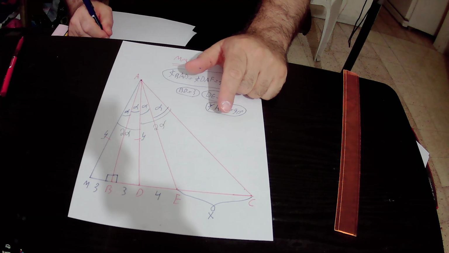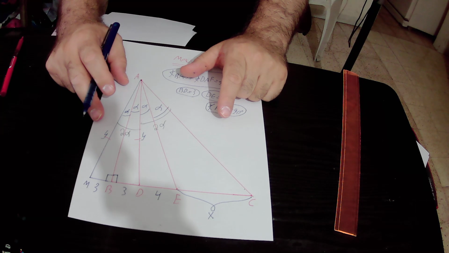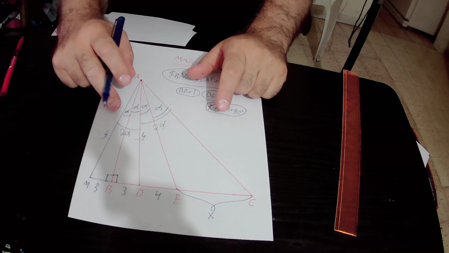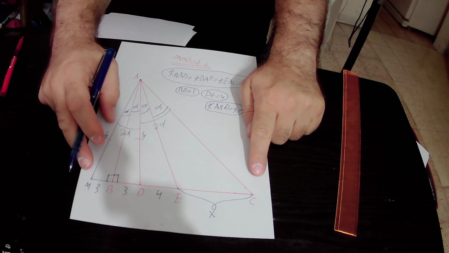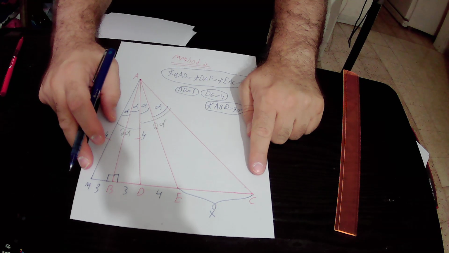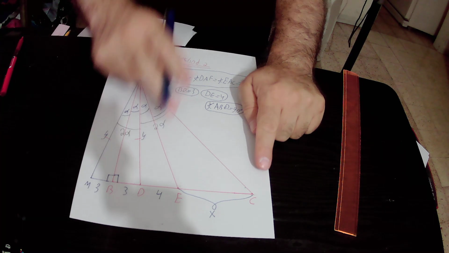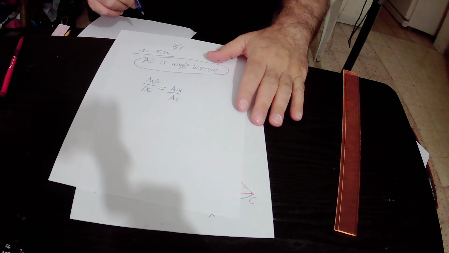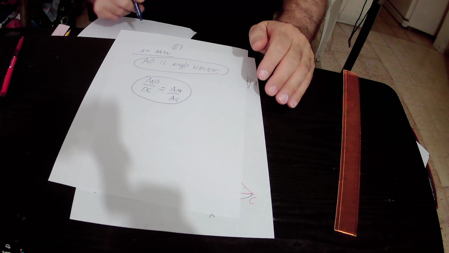So AM over AC. The ratio that angle bisector AD divides side MC is MD over DC. Okay, so in total, we will get that MD over DC equals AM over AC. Okay?